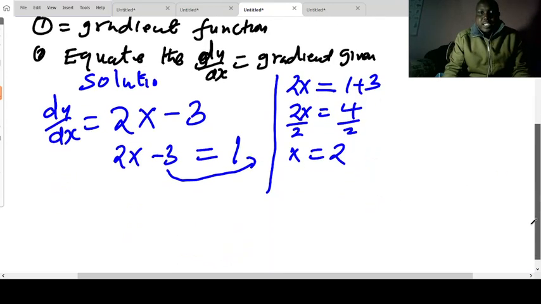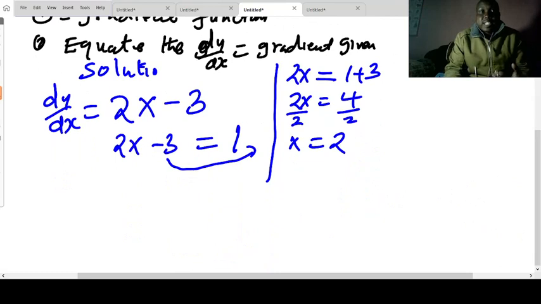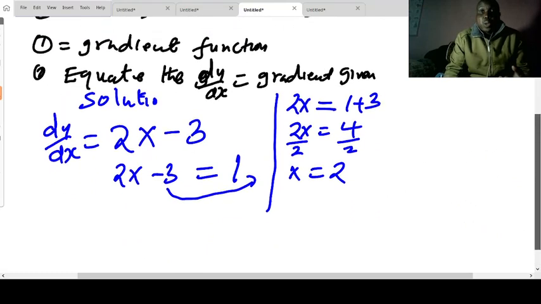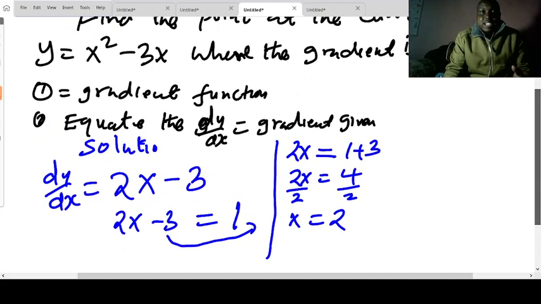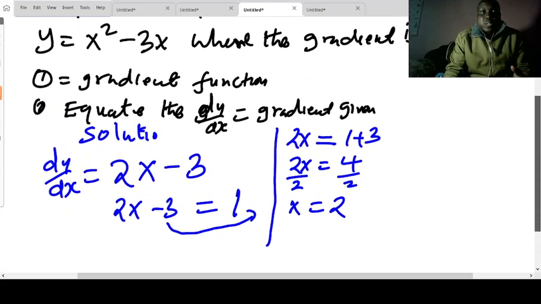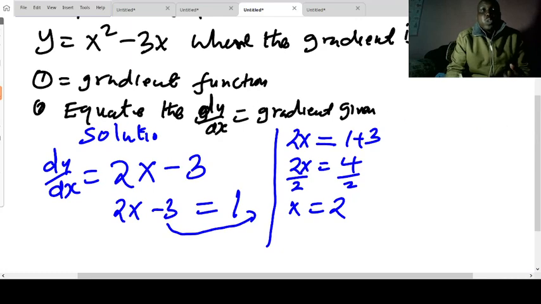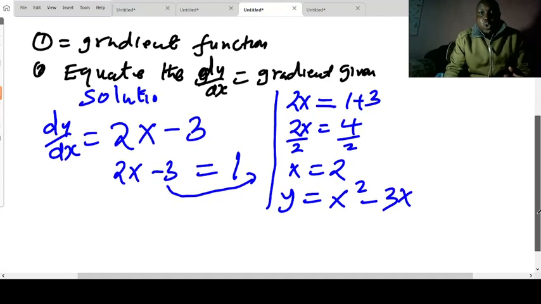A point should have x and y, for it to be called a point. So we have found the value of the point at x. But now we want y. Where do we get y from? We go back to the equation. Our equation was y is equal to x squared minus 3x. That is where we get y.